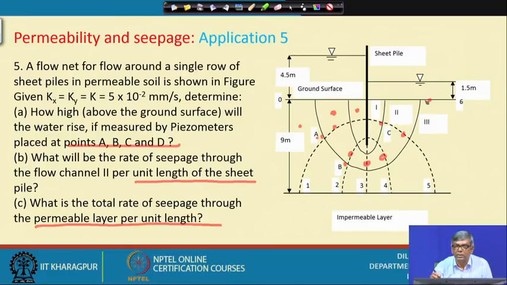These are the observations we can see from this diagram. Since this is at an equipotential line, at this point only one drop has taken place, and the total head is 4.5 minus 1.5, that means 3. So how much is the head loss going from here? 3 meters, and the 3 meters is lost over the drops.